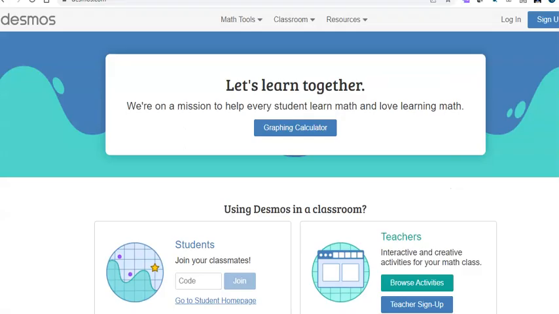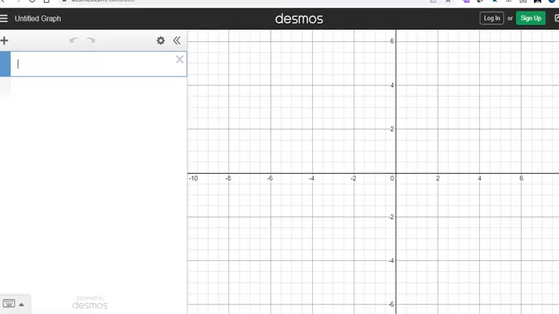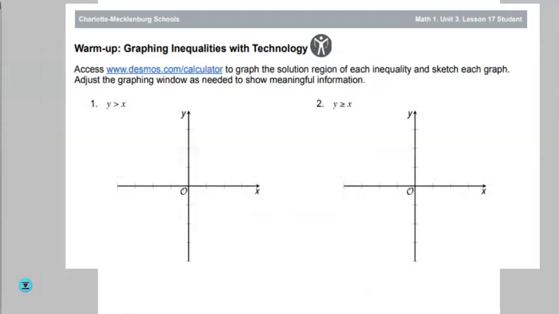But when you first go to your Desmos, you want the graphing calculator. And for this activity, we're just going to leave it with the Desmos calculator here. Not going to change anything, but we're going to talk about that later. So I'm going to be flipping back and forth between Desmos and your book.